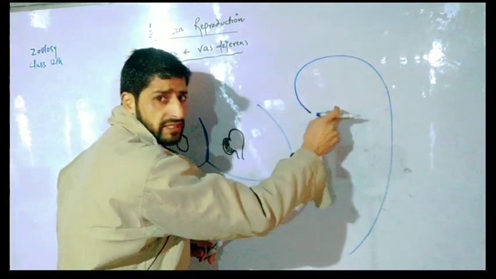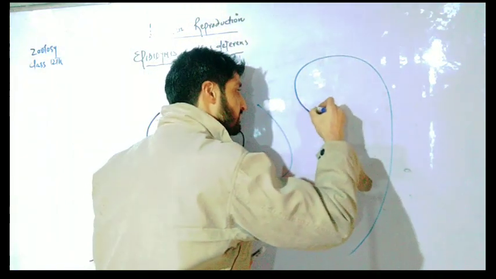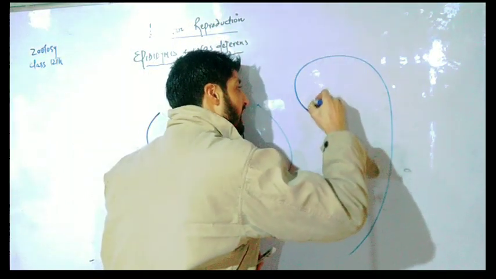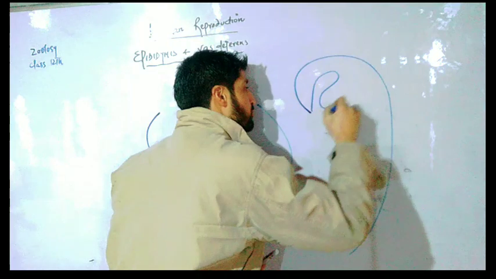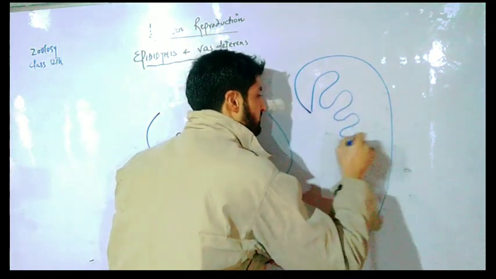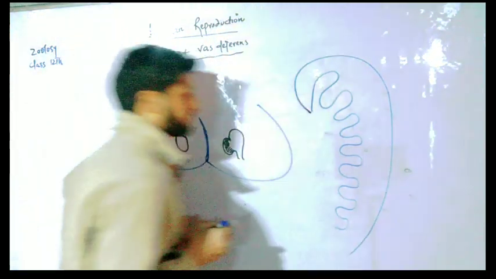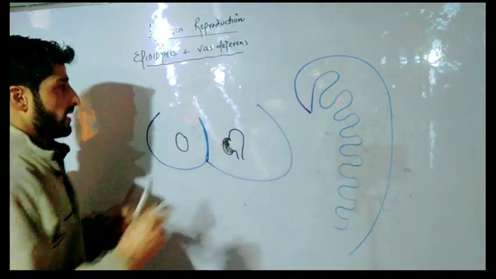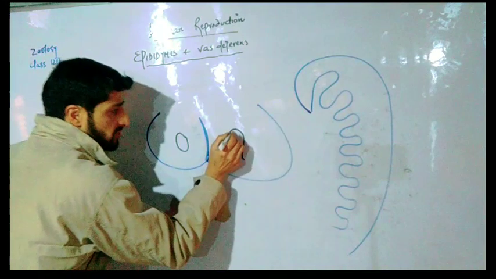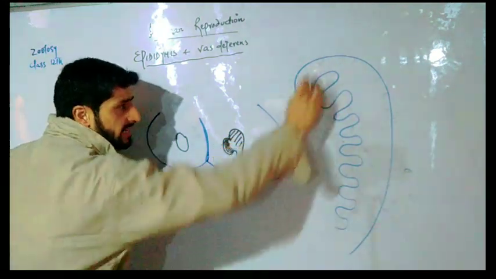this comma shaped structure actually contains a highly coiled tube like this. This structure that you call epididymis.